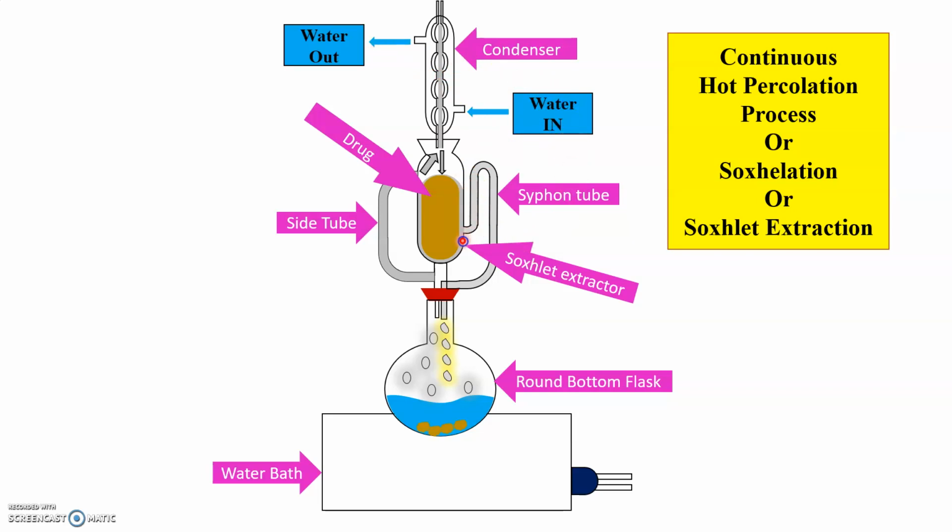The Soxhlet extractor, on the left hand side it has the side tube and at the right hand side it has the siphon tube, and the round bottom flask, in the round bottom flask solvent to be boiled is kept, and it is on the water bath. So this is the apparatus that is used for continuous hot percolation process.